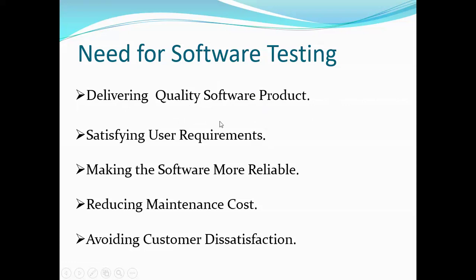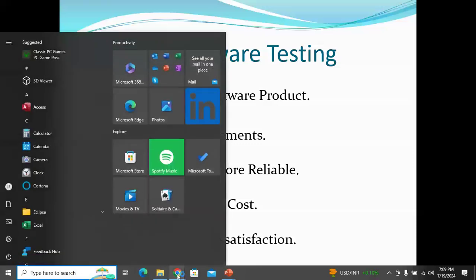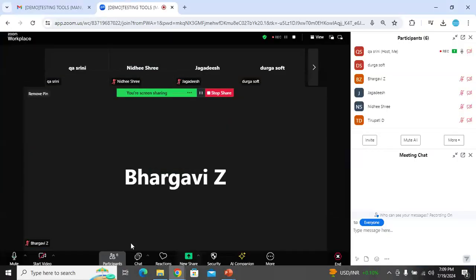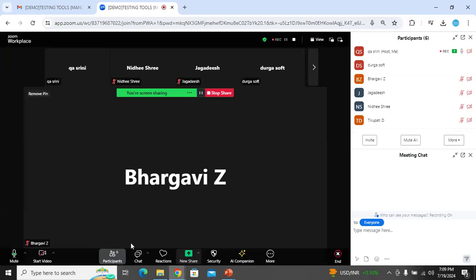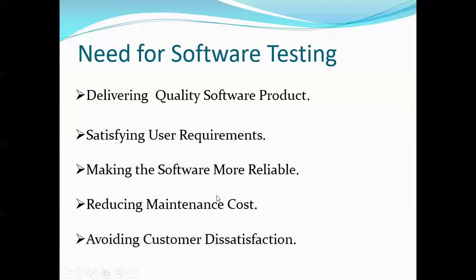The user needs to feel your application is good, making the software more reliable. What is the meaning of reliable? Reliable means user friendly. Always check whether your application is user friendly or not.